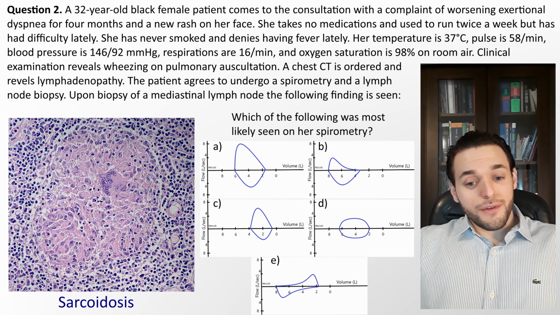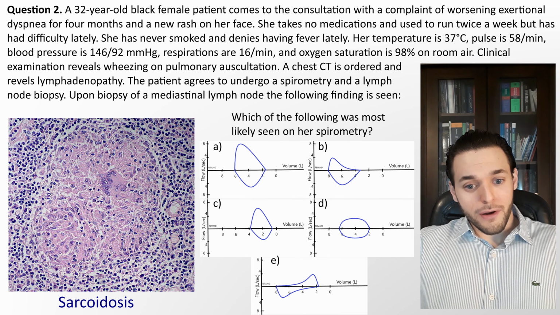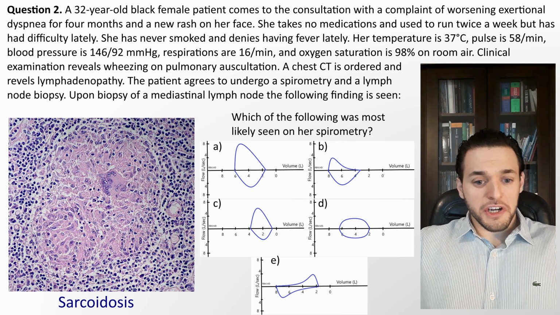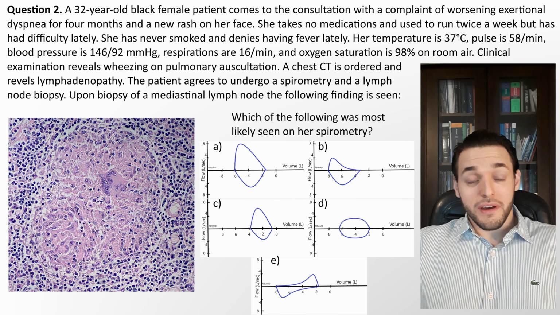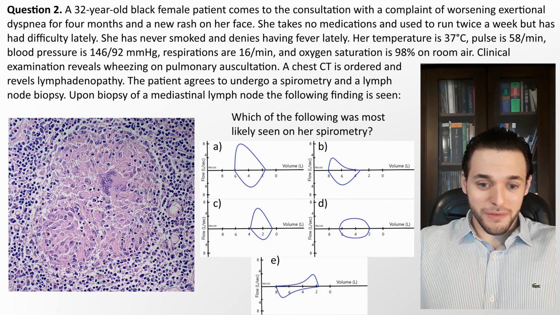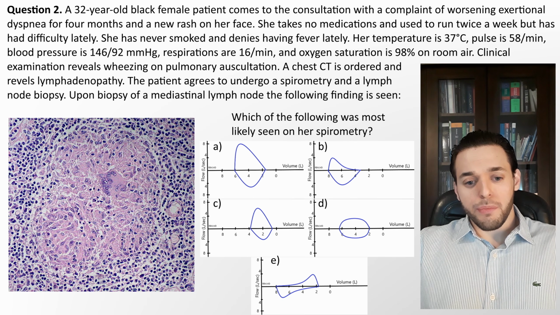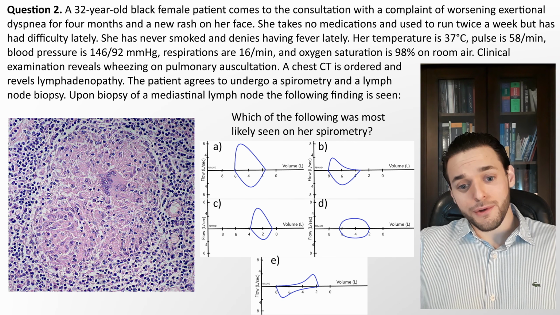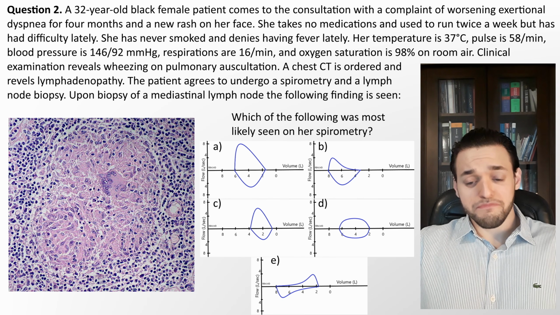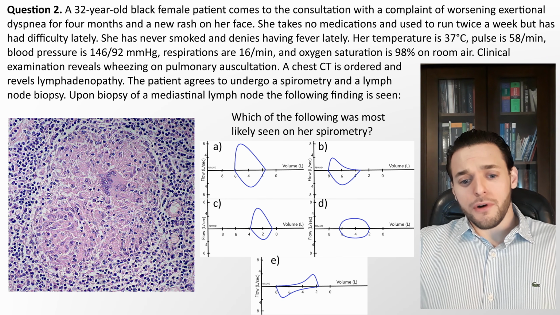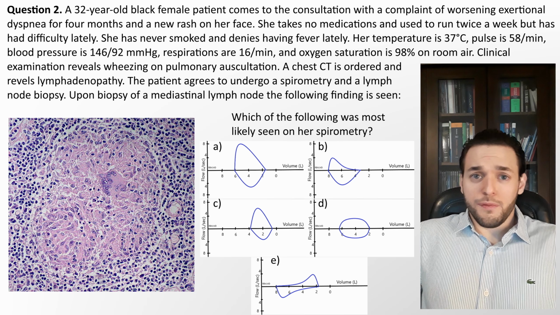And sarcoidosis is most often found among 30-something-year-old black patients and female patients. So here we have the prototype of a sarcoidosis patient. We have a black female, 32 years old. The most common complaint is respiratory.